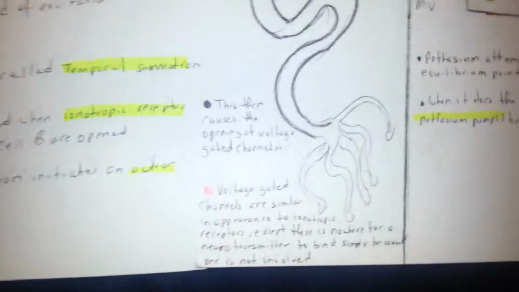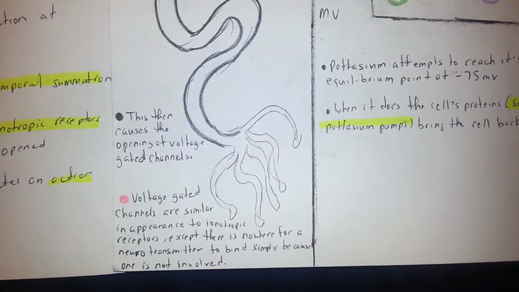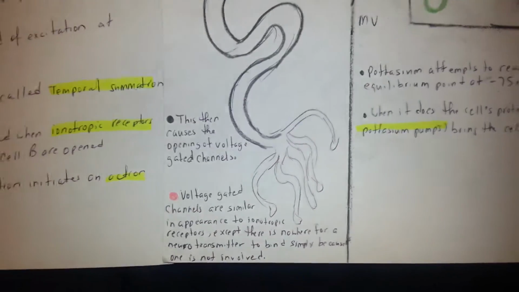I wrote that down here in case you wanted to write that down. Voltage-gated channels are similar in appearance to ionotropic receptors, which are these, except there is nowhere for a neurotransmitter to bind simply because one is not involved.